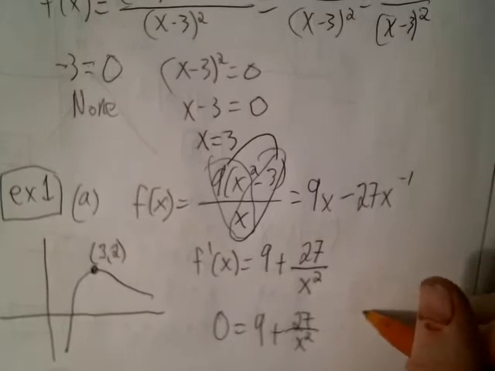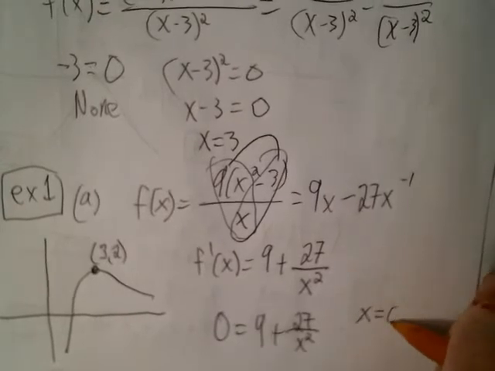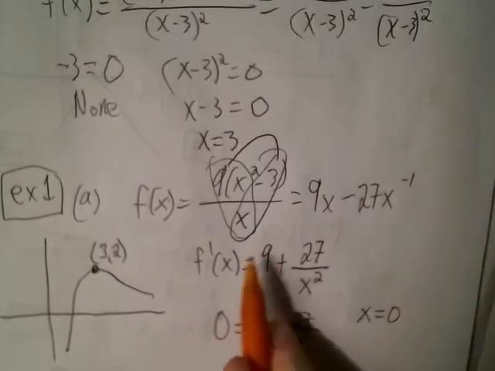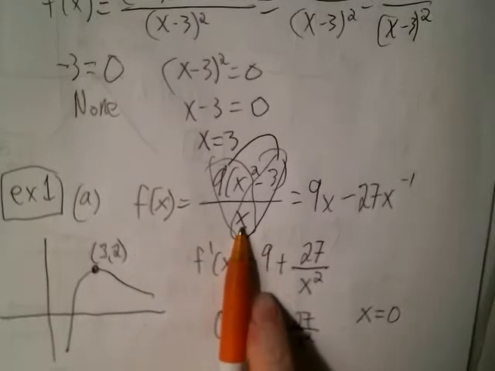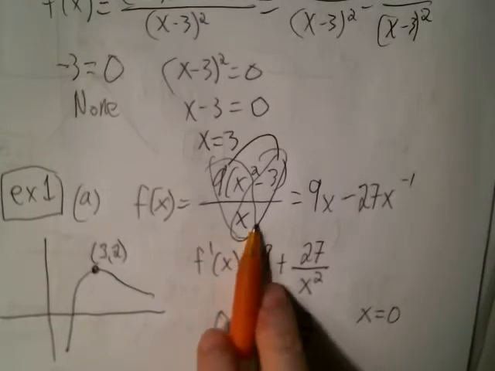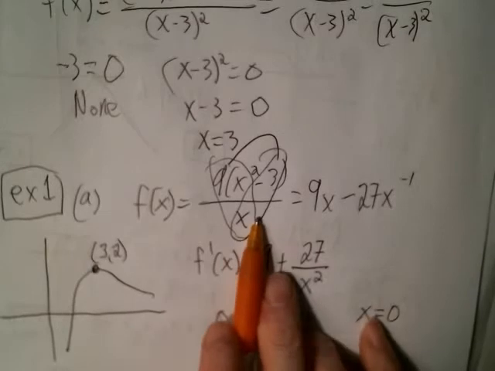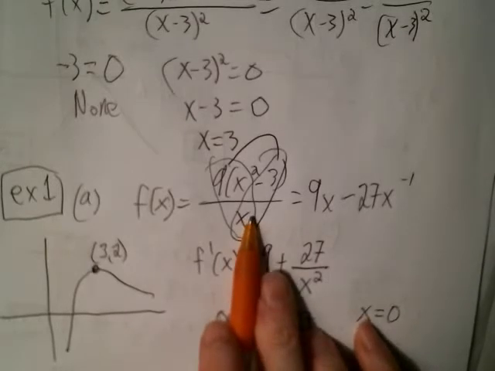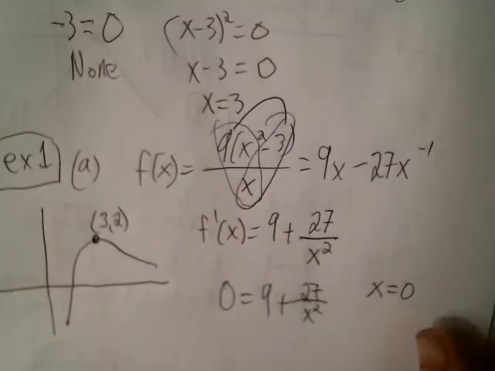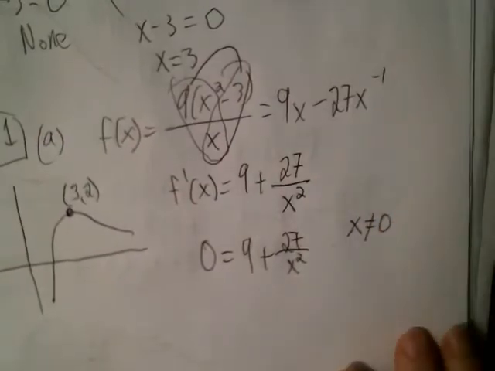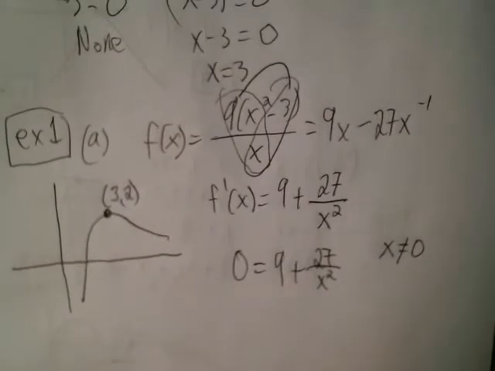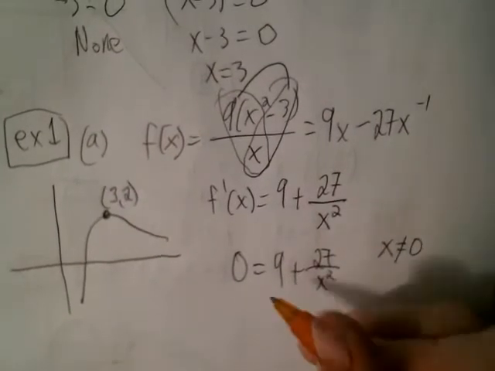Clearly, there's an undefined place at x equals 0, but we don't include it because the function is not defined at that point. So there's no way for it to be a max or a min. There's nothing there. So I'm excluding this value altogether, and then I'm solving this for x squared.